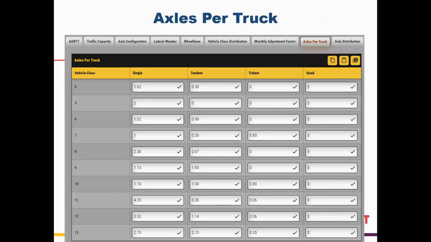Axles per truck, for each vehicle class, you're going to have an average number of single, tandem, tridem, quad axles. That again is information that there's default values within Pavement ME Design, but it'd be good to collect your own data from state WIM sites.